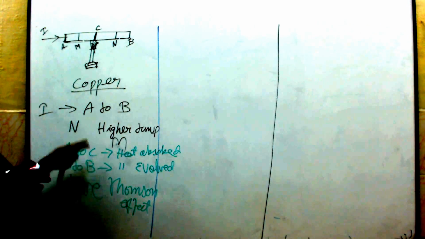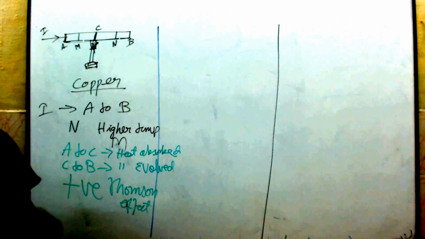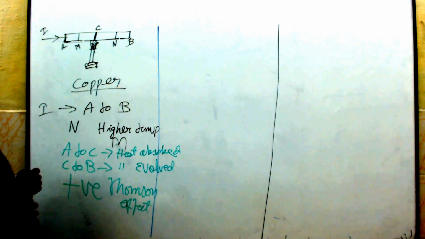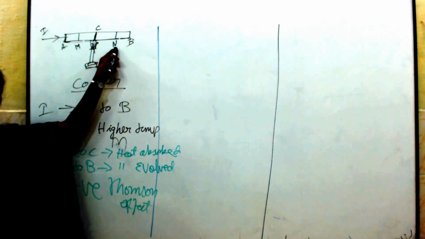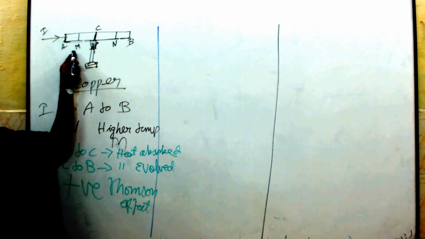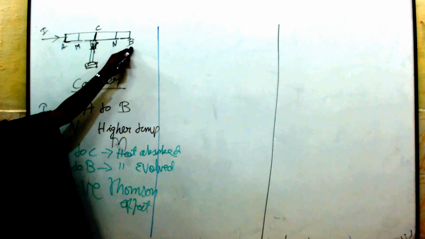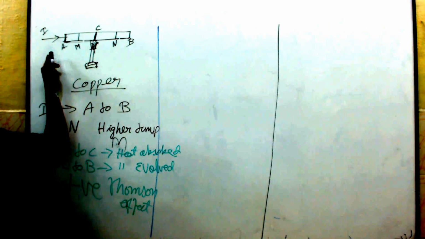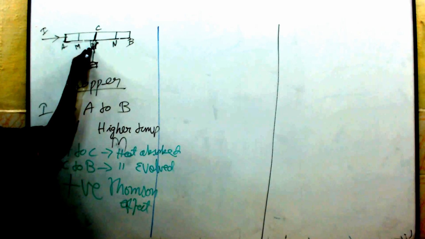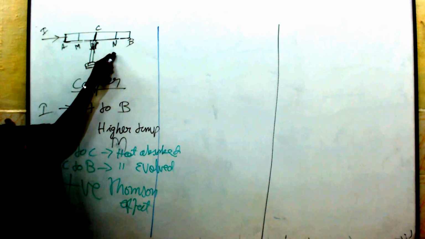So what he noticed: when I take a copper rod and heat it unequally, when the current flows from A to B, point N will be at a higher temperature than M. That is, B will be at a higher temperature than the point A. That means from A to C, heat is absorbed, and from C to B, heat is liberated.